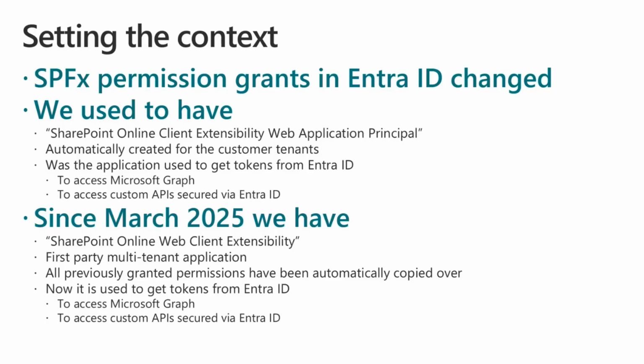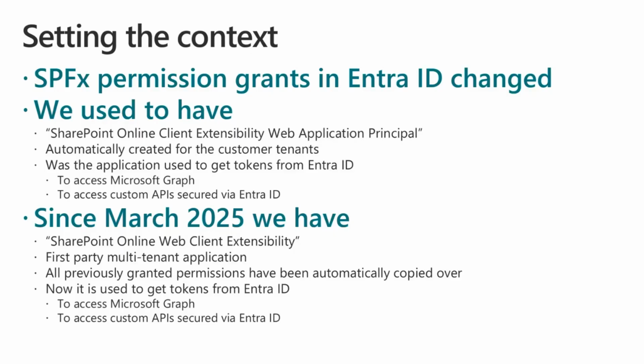Now, starting from March 2025, we have a new application which is called SharePoint Online Web Client Extensibility. That's a first-party multi-tenant application. What does that mean? First-party means that it is an application provided by Microsoft as a multi-tenant application, compared to the previous one, which was registered in every single tenant as any other third-party application.